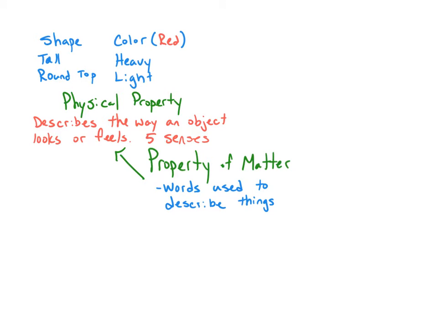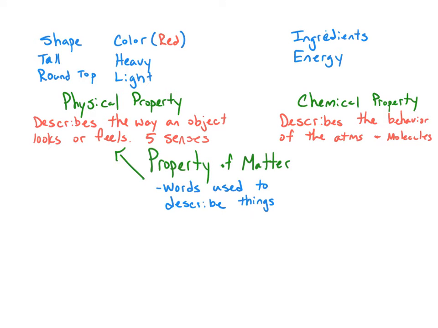Now, if you looked on the side of the can and you told me any of the ingredients that make up that soda, or you told me how much energy you would get from drinking that soda, then you are using something called a chemical property. A chemical property can only be observed if you know the makeup of the substance, or in other words, if you know the chemical composition, or if you know the atoms and molecules that make it up.